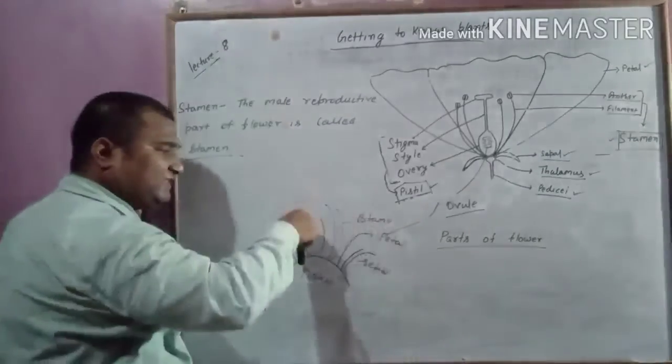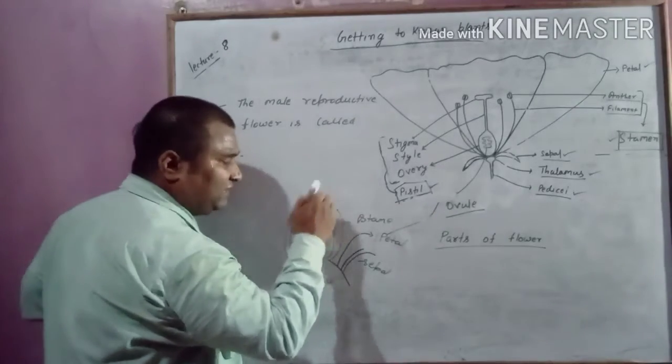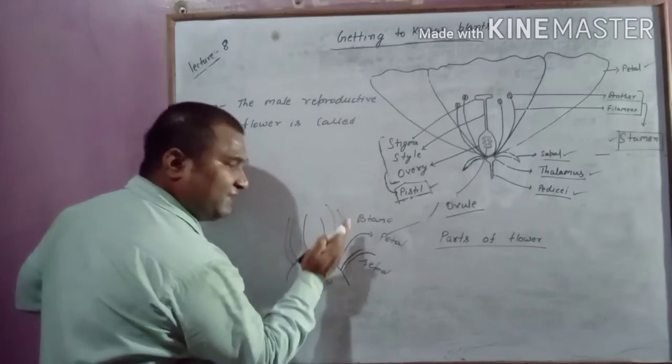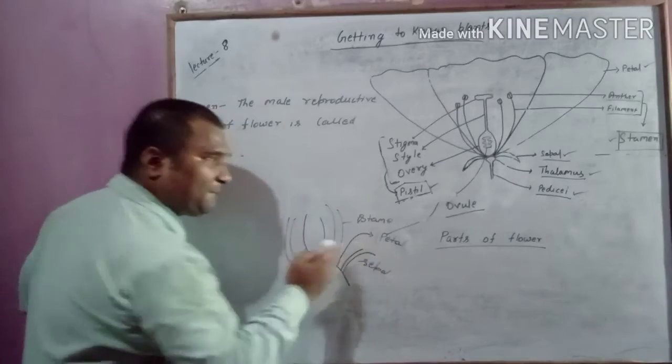If you go from the center, first is pistil, then stamen, then petal, then sepal.